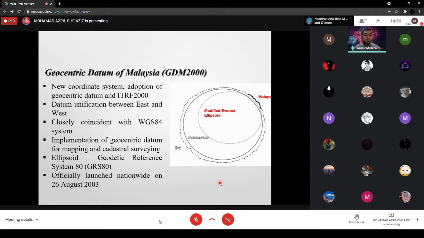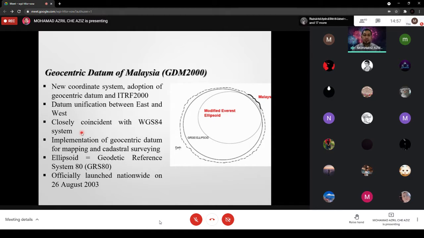Okay, so back to the Geocentric Datum of Malaysia, GDM 2000. As you know, this is a new coordinate system, the adoption of a geocentric datum and ITRF 2000, with datum unification between East and West, closely coincident with the WGS 84 system.